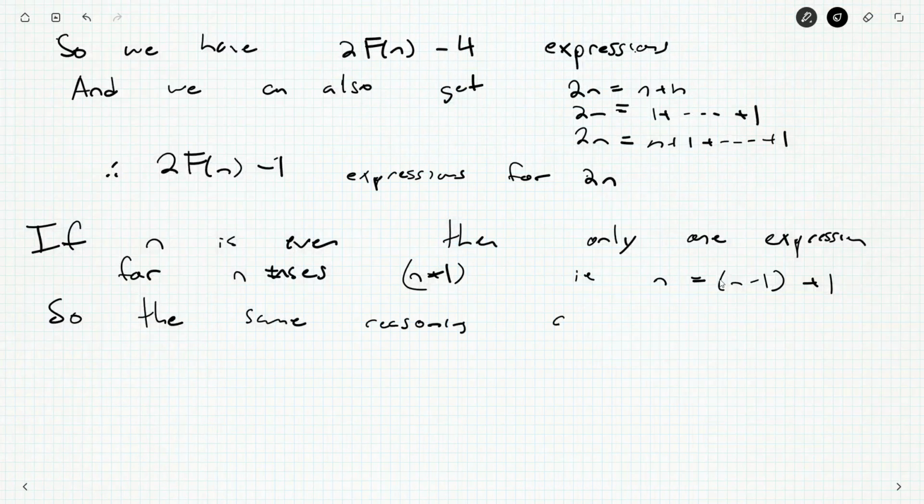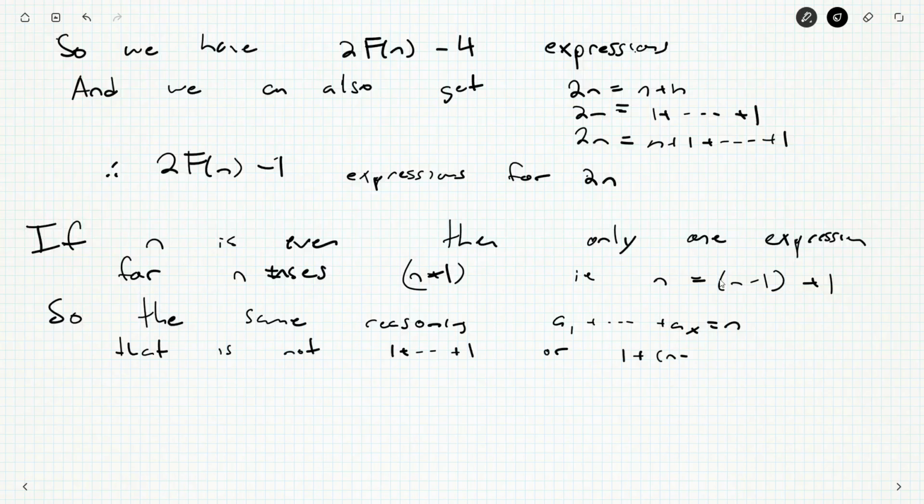So the same reasoning, take an a1 up to ax equals n. That is not the 1 plus or the 1 plus n minus 1 equals n expressions. We get 2n equals expressions.